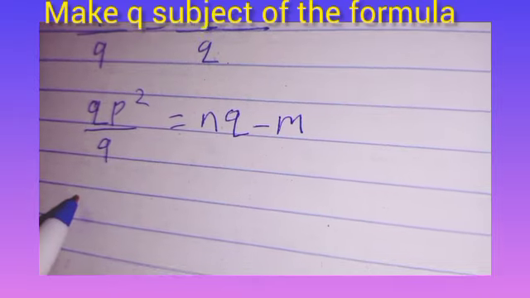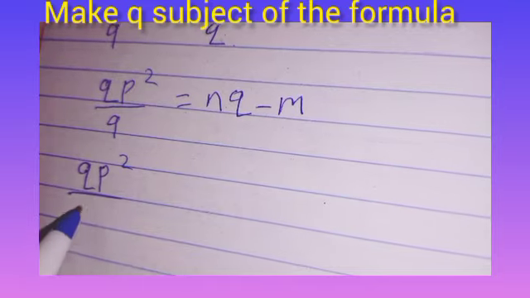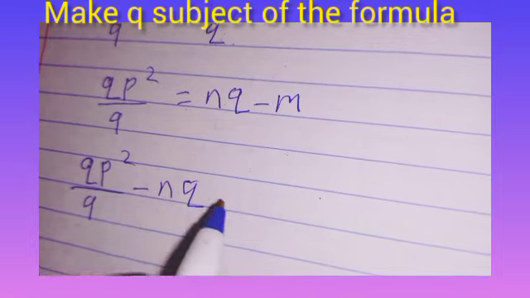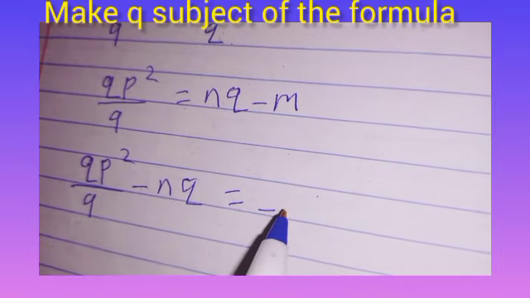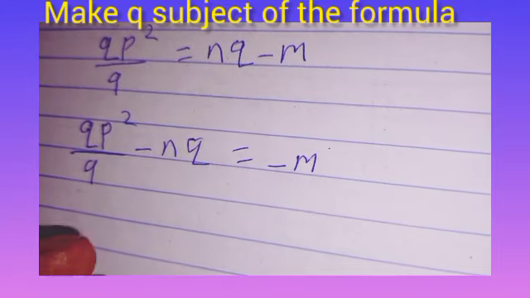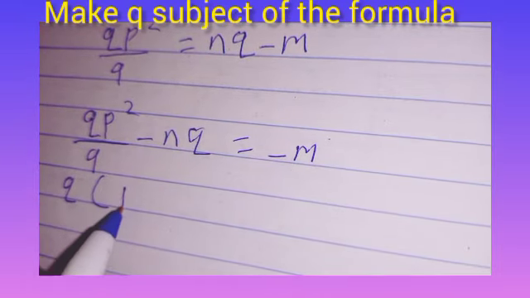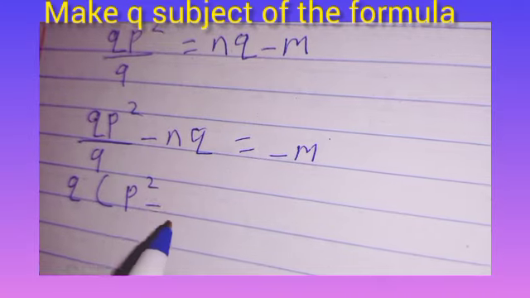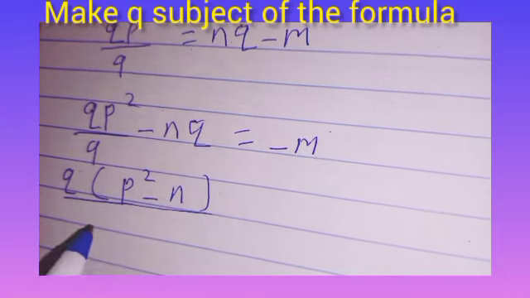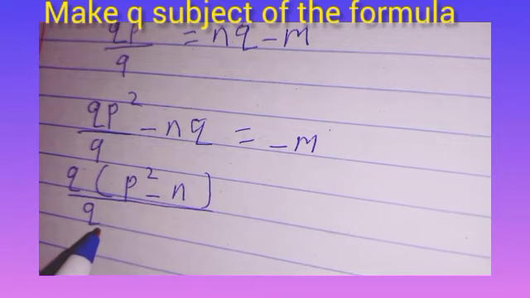So we are going to obtain Q P squared divided by 9 minus NQ is equal to negative M. Next, we factor Q. Factoring Q here on the left hand side, we are going to be left with (P squared minus N) in bracket divided by 9.